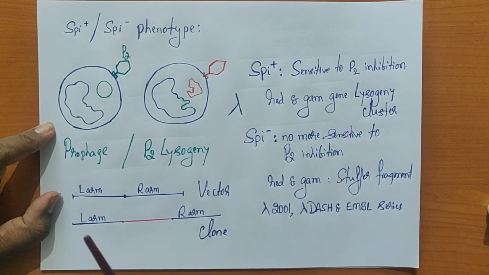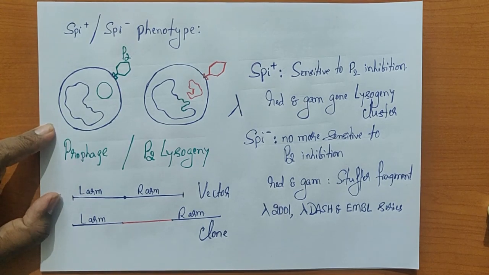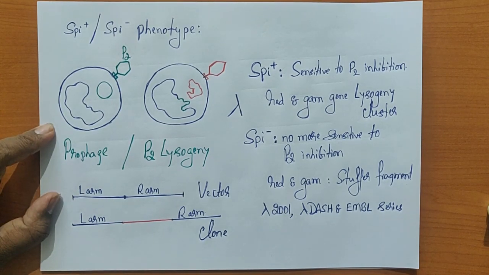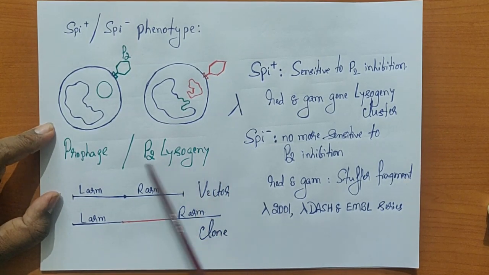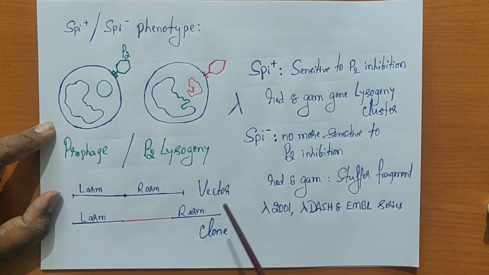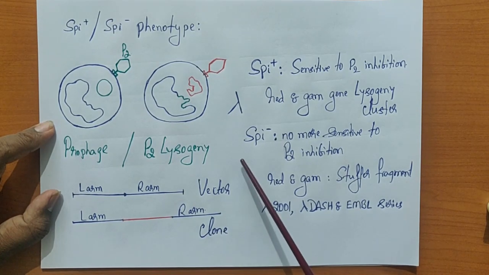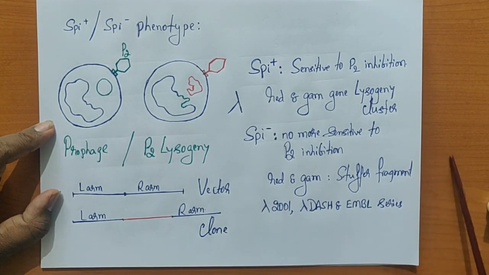We know that with larger DNA segments, especially more than 10 kilobase, it is difficult to transfect the DNA into the E. coli host. So how are we going to incorporate this big DNA, either the vector or the clone, in the process of transfection? We will discuss that in the next video. Thank you very much.